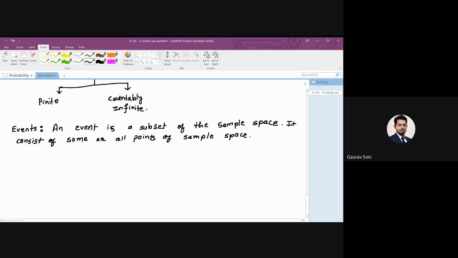I also said that we'll see what a Venn diagram is. A Venn diagram generally looks like this. You have a square which represents the complete sample space, this will be sigma, and an event inside it.